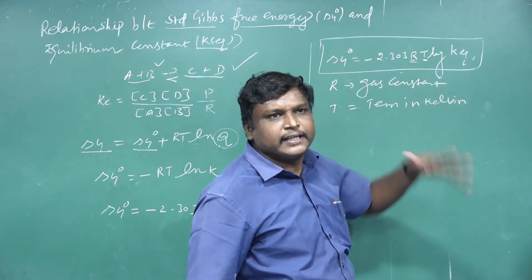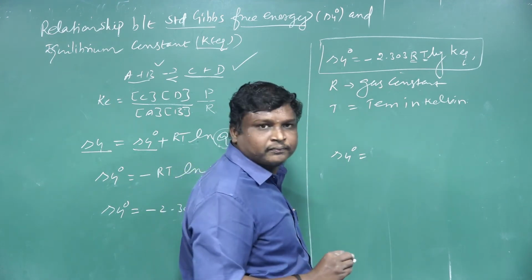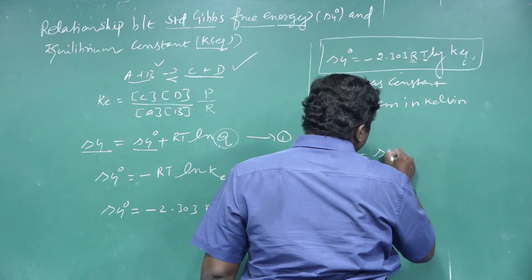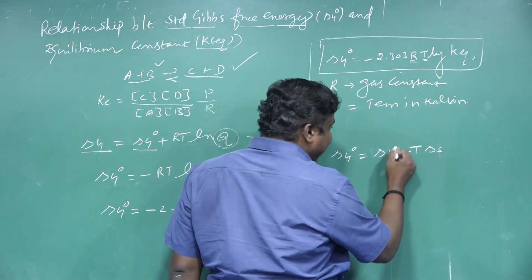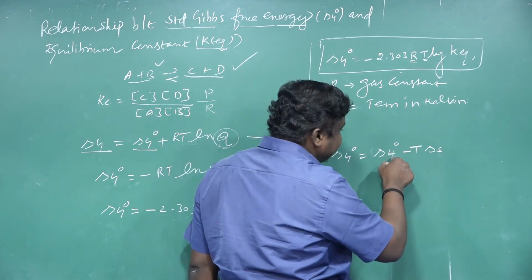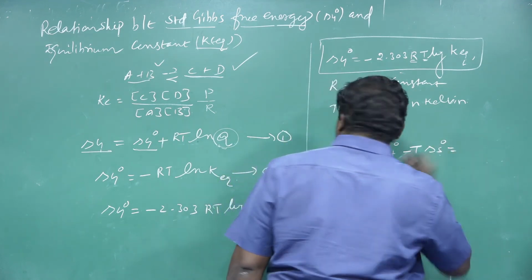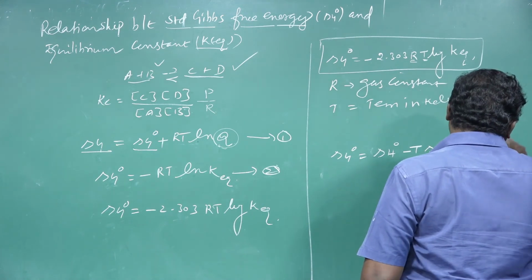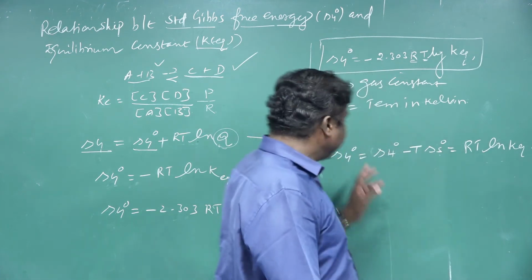Suppose del G naught, the standard Gibbs free energy, is equal to del H naught, the standard change in enthalpy, minus T del S naught, the standard entropy, and that is equal to minus RT ln K equilibrium.